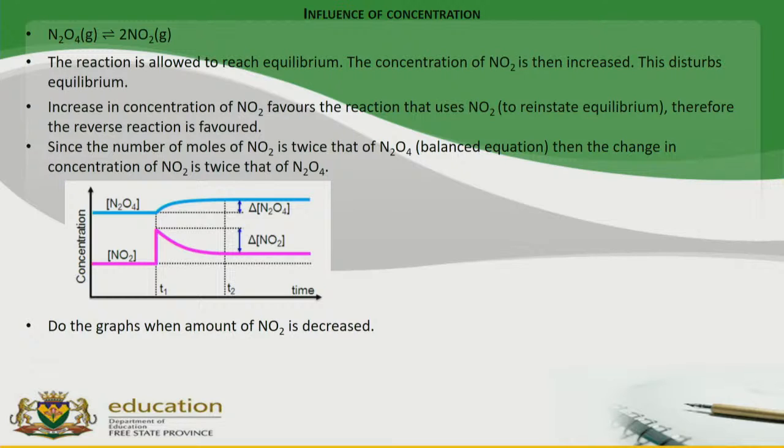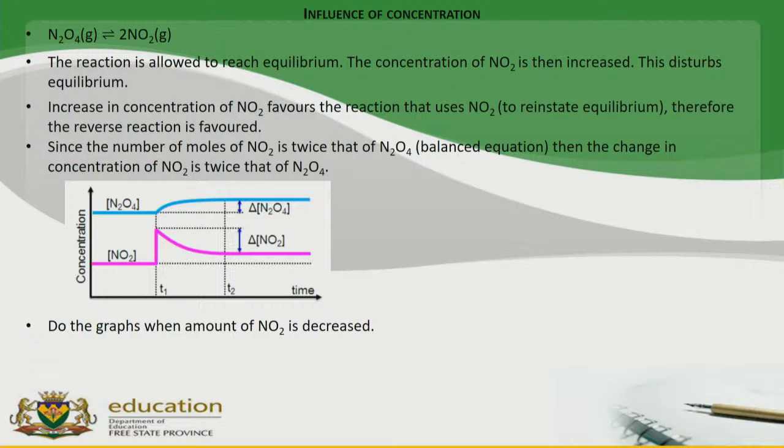How will it decrease the concentration of NO2? By favoring the reaction that will use that added NO2. And which reaction uses NO2? It is the reverse reaction. So, because you have increased NO2, the reverse reaction will be favored, so that the NO2 that you added will be used, and the concentration of NO2 can decrease until we reach a second equilibrium.